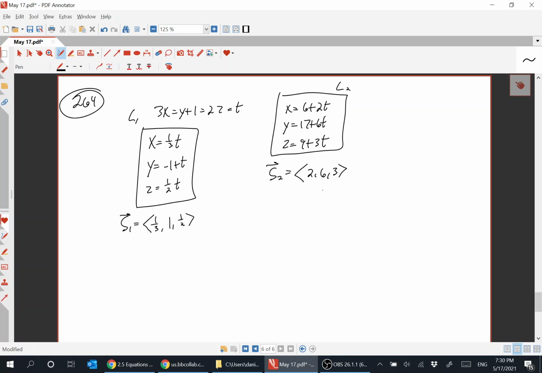Are these multiples of each other? Yes. S2 is 6 times S1. Right, so L1 and L2 are parallel.